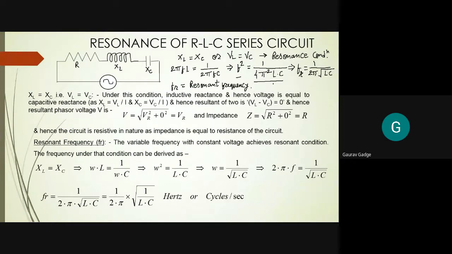When we adjust the frequency in such a manner that inductive reactance equals capacitive reactance, we put the expressions of XL and XC, 2πfL and 1 upon 2πfC, and equate them. You just do the adjustment so that you get the expression for the frequency, called the resonant frequency.